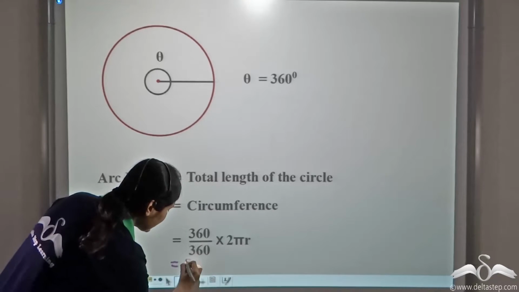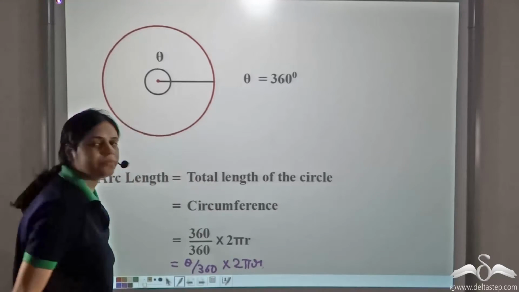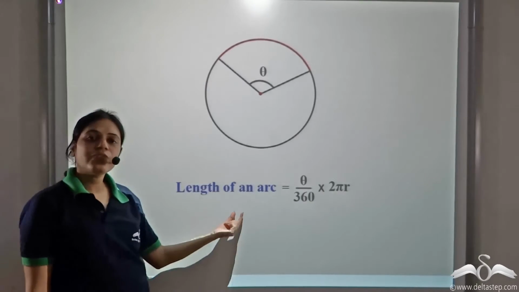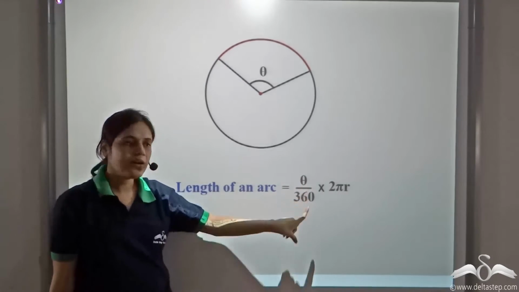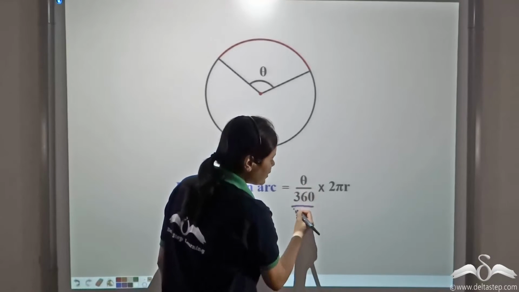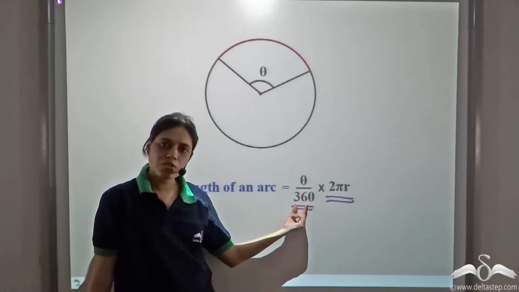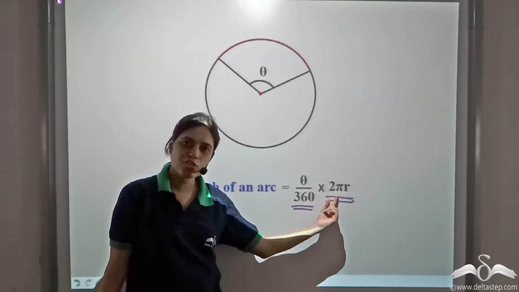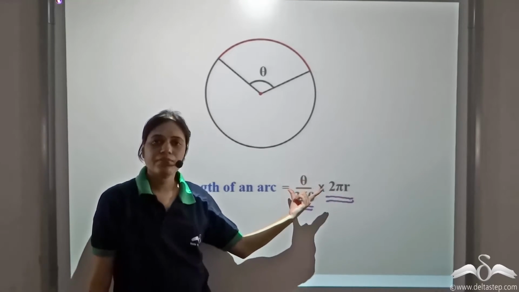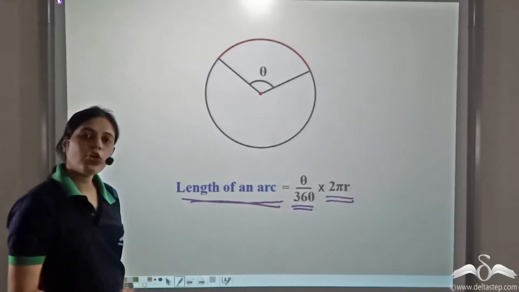So we can write this as theta by 360 into 2 pi r. So in each of the cases, we saw that the length of the arc is given by theta by 360 into 2 pi r. So it is theta divided by 360 into the circumference of the circle. Here 360 is constant, 2 is constant, pi is constant, and for a given circle r is constant. So as theta, that is the central angle, increases, the arc length will also increase.